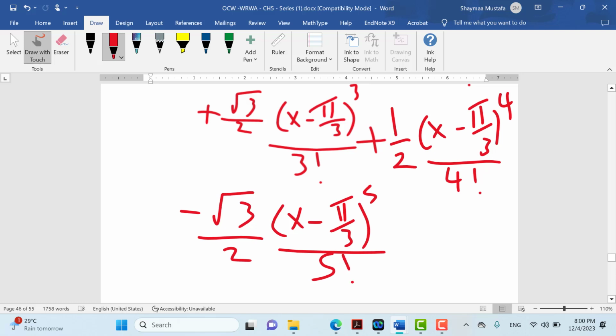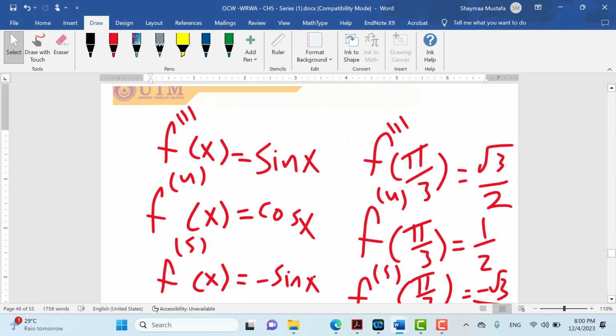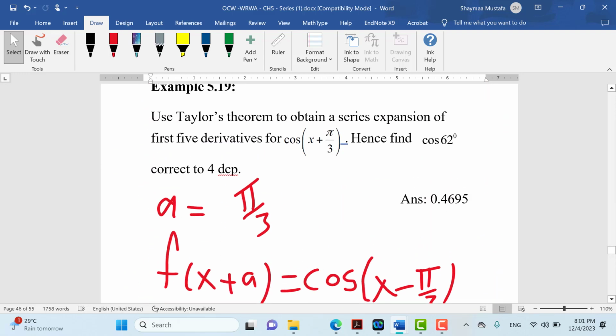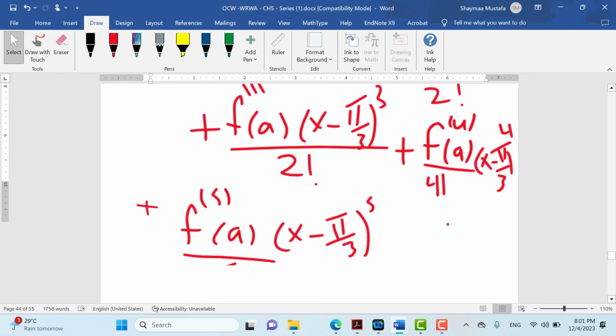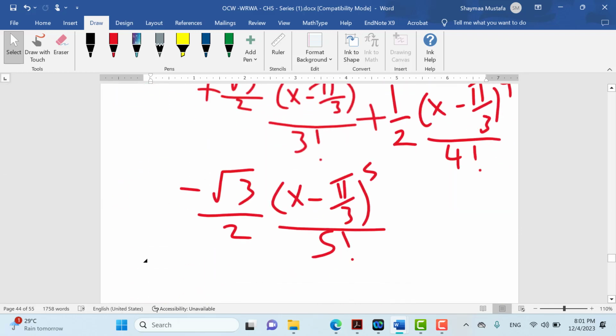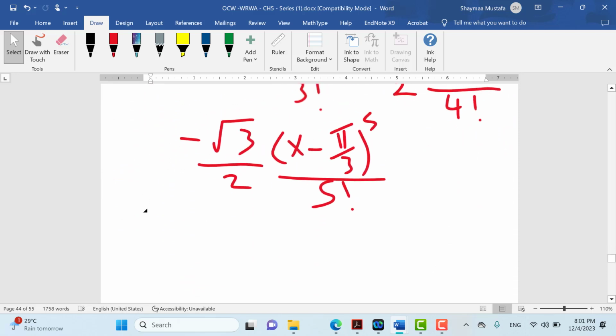Now to find cos 62, we need to find cos 62 degrees. To find cos 62, you need to substitute x by 62.